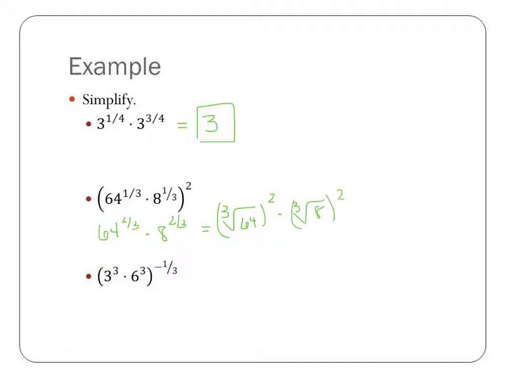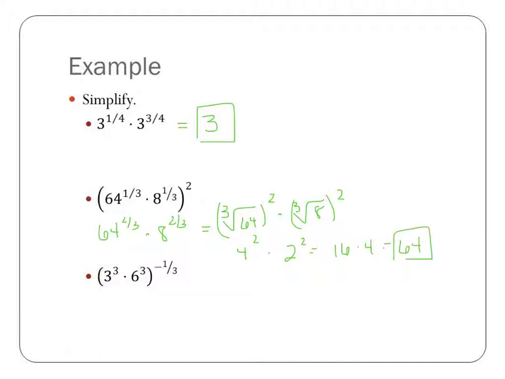So the cube root of 64 is 4. So this is 4 squared times the cube root of 8 is 2 squared. So you're going to get 16, not 8. 16 times 4, which is 64.